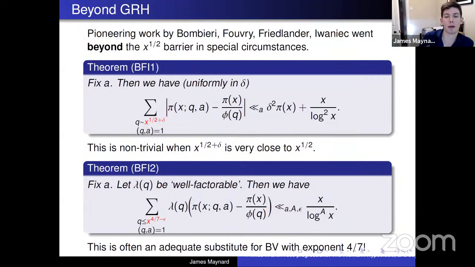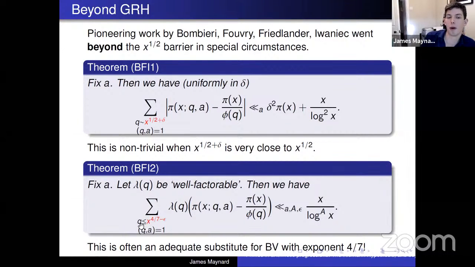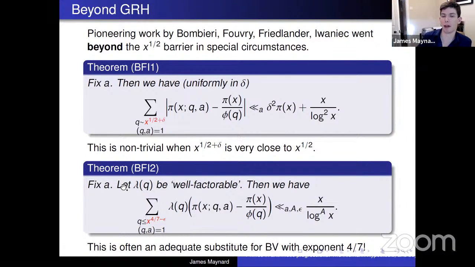And so from the point of view of sieve methods, it's as if you can extend the equidistribution of primes, not just for q going up to the square root of x, but using this result, you could now go for q up to x to the 4/7. But again, there were various technical restrictions, so it wasn't a full answer to the challenge problem. But from the point of view of sieve methods, this was totally adequate for lots of different applications.